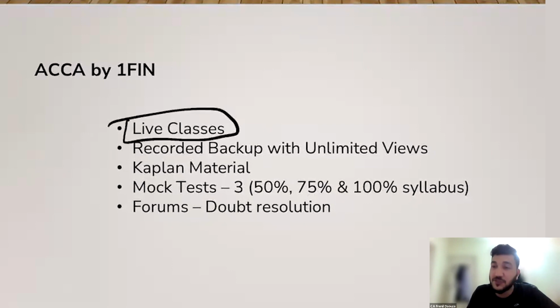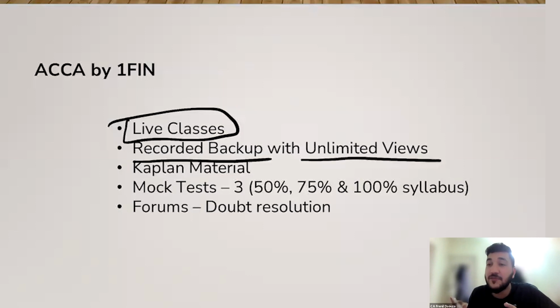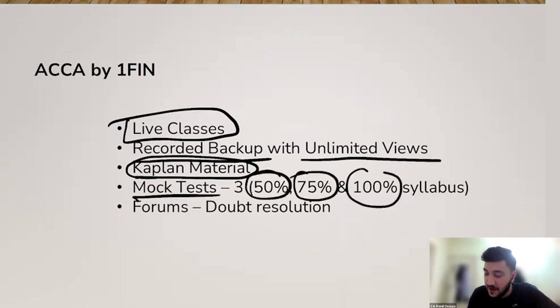And then in ACCA, by OneFin or Indigo Learn, what do we provide? We provide live classes, which will be taken by me. And we have recorded backup with unlimited views, which no other coaching class or training center will provide for you. And we give you Kaplan material. Kaplan and BPP are the most reputed, and Becker also. We'll provide mock tests at 50%, 75%, and 100%.